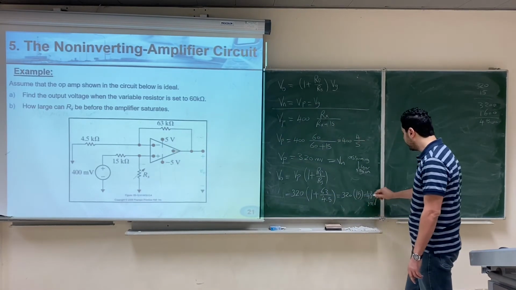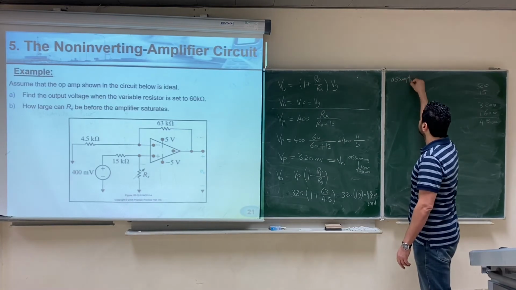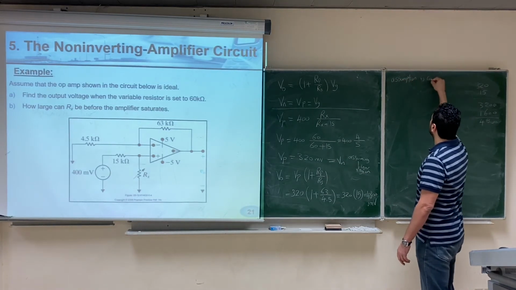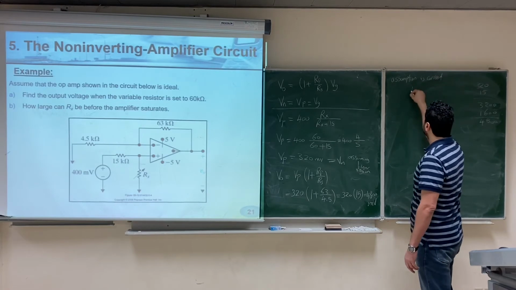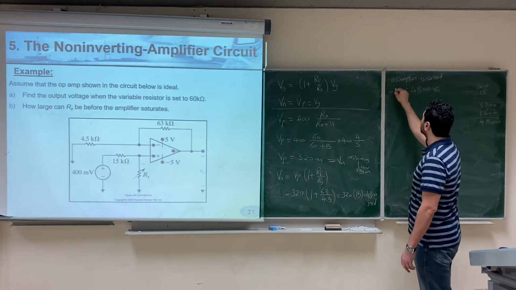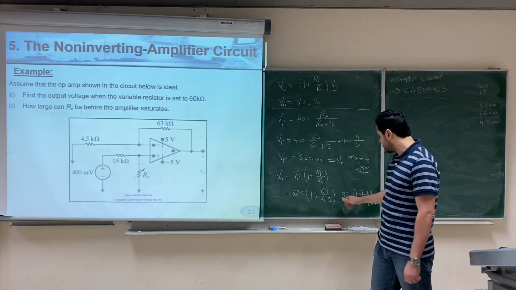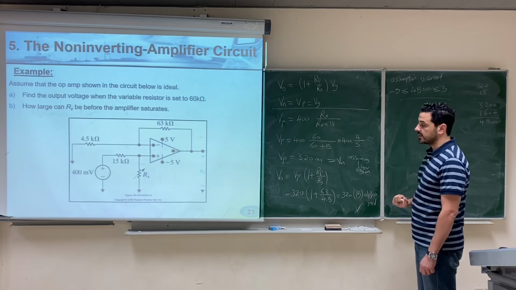So we say here that our assumption is correct. Why? Because 4,800 lies between -5 and 5. So the assumption is correct and the solution is also correct.